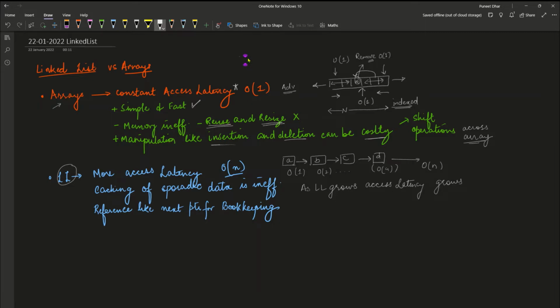Now the access latency that we are talking about here is the average access latency or the worst case access latency. So the worst case here would be the nth node of the linked list being pulled.